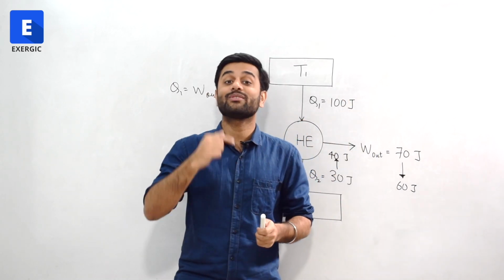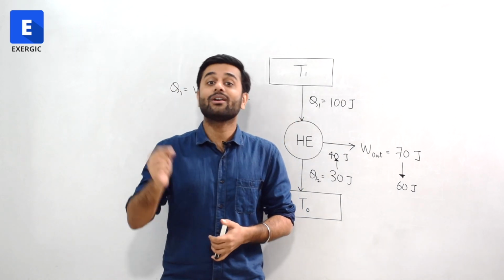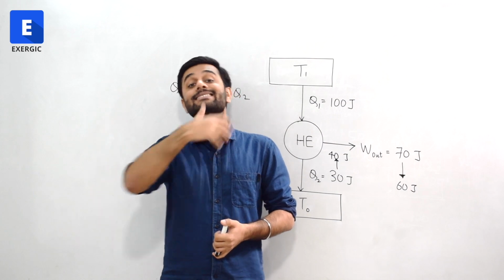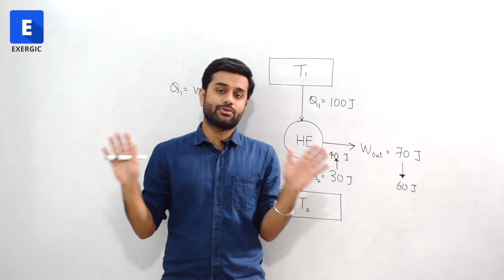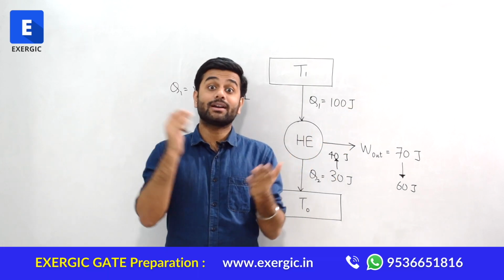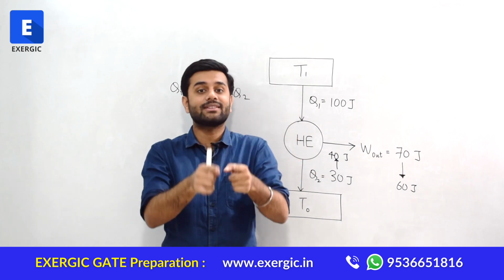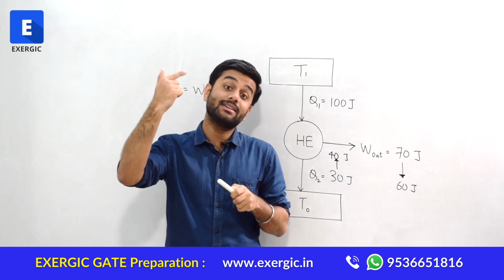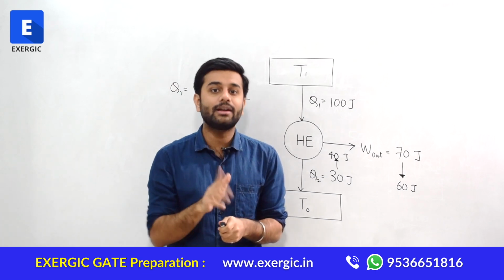No. What we have covered is the law of destruction of available energy, or generation of entropy: if everything is reversible, then no issue, no exergy will be destroyed, no entropy will be generated. But if the process, system, or cycle is irreversible, then entropy will be generated, exergy will be destroyed, available energy will be reduced.